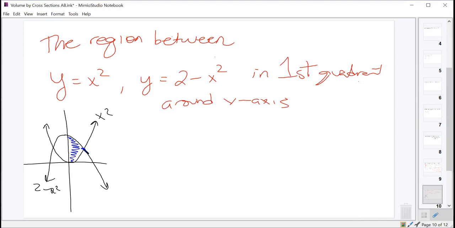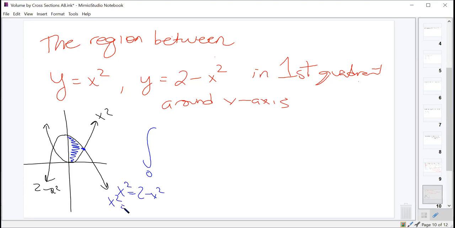If we're talking just the first quadrant, we're going to start at 0. And then the intersection point of x squared and 2 minus x squared, right? So how do we find the intersection point? Set them equal to each other. So we'll say x squared equals 2 minus x squared.